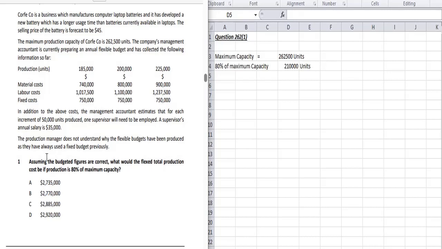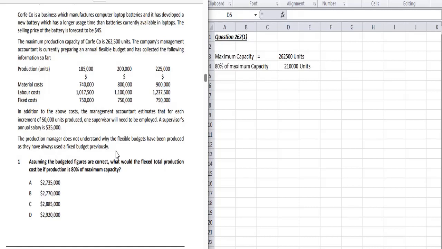The production manager does not understand why the flexible budget has been produced, as they have always used a fixed budget previously. So basically from reading the scenario we can find that different levels of activity are given and the costs related to those activities are given.